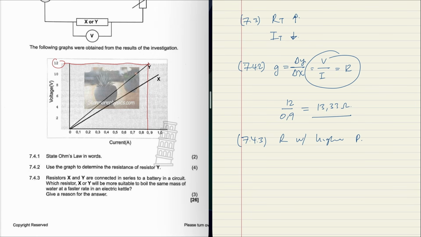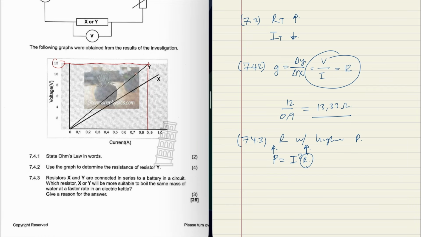Power is going to equal I squared R. The current going through them is the same because they're in series, so the higher the resistance, the higher the power. Because Y has a steeper gradient, Y is going to have a higher resistance, and so it's going to have a greater power output.